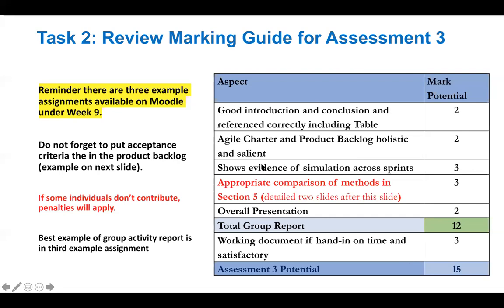We remind you that there are 12 marks to go: introduction and conclusion, agile charter, project backlog, evidence of simulation, sprints, all of these things. But I also remind you that there's an appropriate comparison of methods. And I really think that comparison across methods is going to be valuable, if not very valuable, in my opinion, for a final exam.